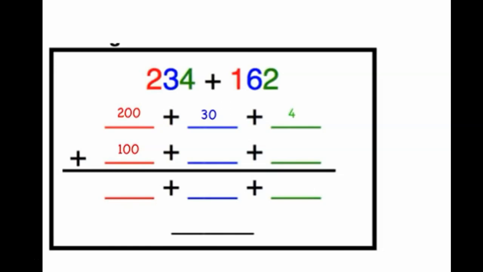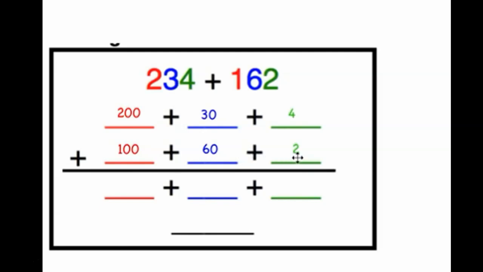The digit 6 in the tens place has a value of 60. What is the value of the digit 2 in the ones place? The 2 in the ones place has a value of 2. So now 162, written in expanded form, is 100 plus 60 plus 2.